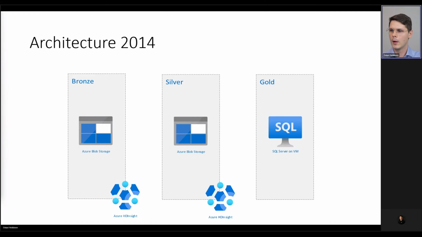So these were the components. The data is flowing from left-hand side over to right-hand side in this diagram, and Azure HD Insight was back then used to process the raw data.